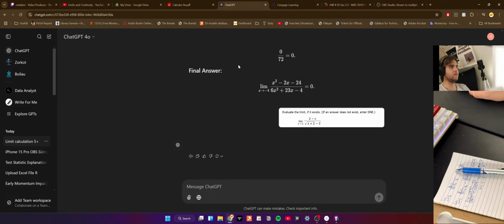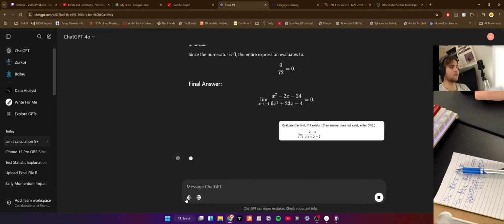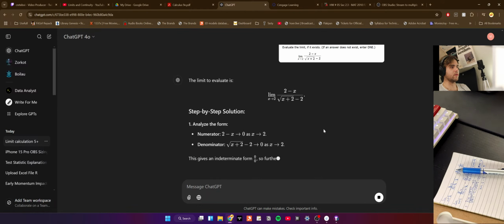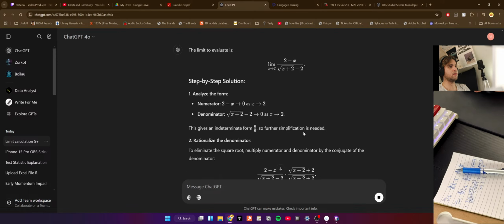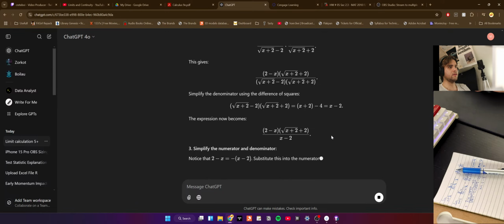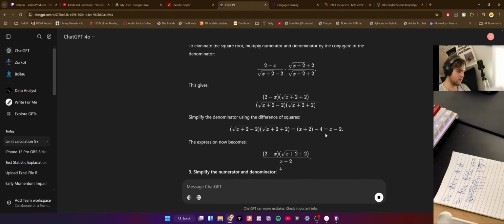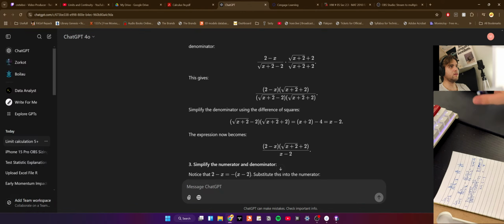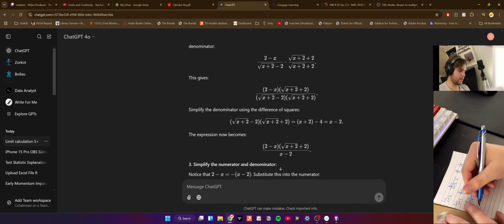So I just don't want to rely on it. I don't think I ended up with the correct thing, but this is how the breakdown should look. So I should copy this down.